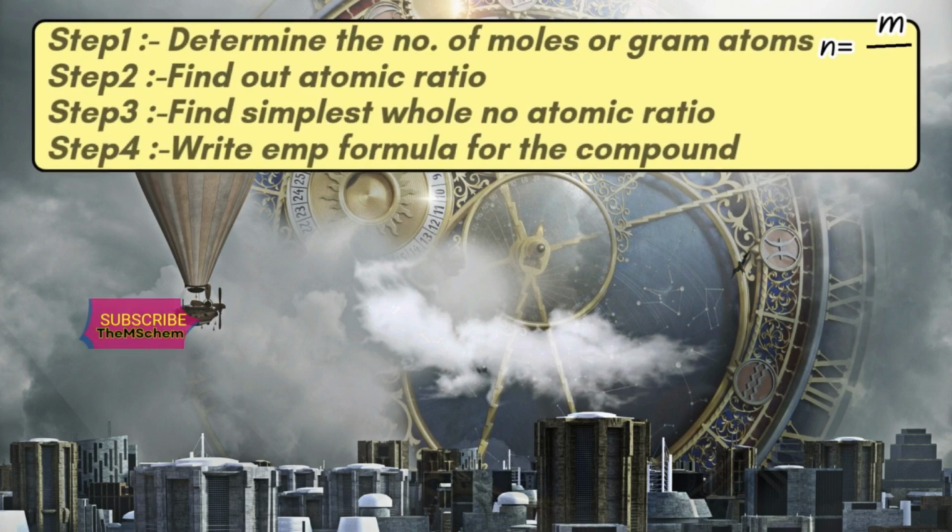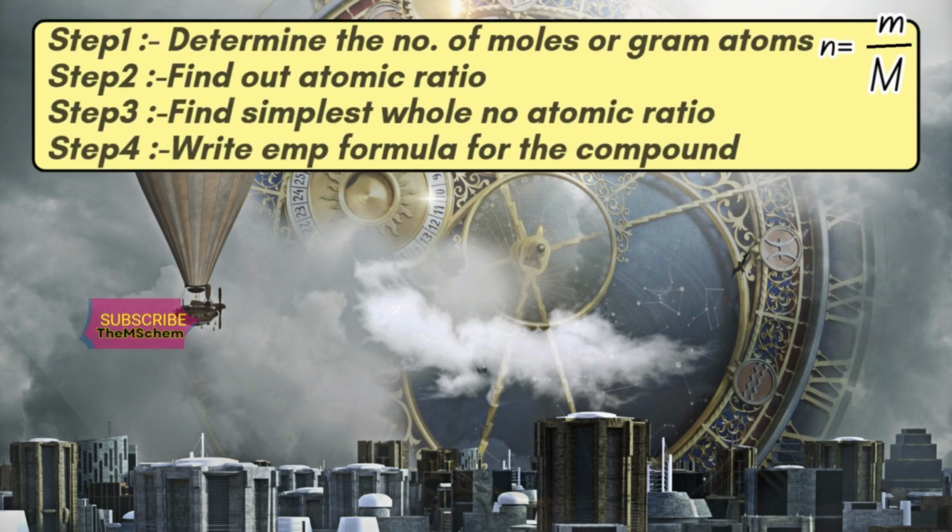Students, for the evaluation of the empirical formula from the combustion analysis, we have to recall the steps for the determination of the empirical formula. Number one, find out the number of gram atoms or the number of moles, and you can use the formula n is equal to small m over capital M. Second, once we have determined the number of moles or gram atoms, we have to find out the atomic ratio of the elements, that is carbon, hydrogen, oxygen and nitrogen.